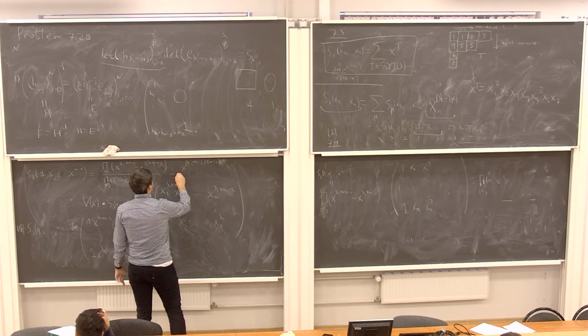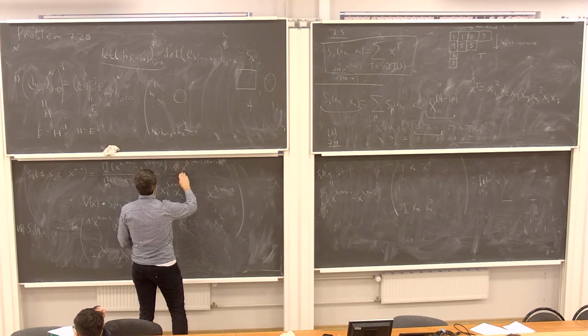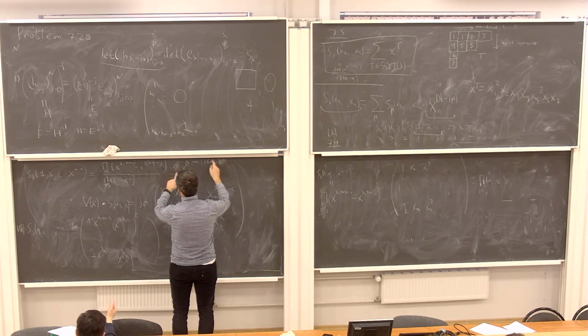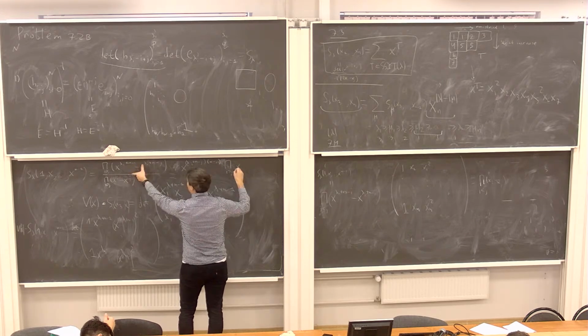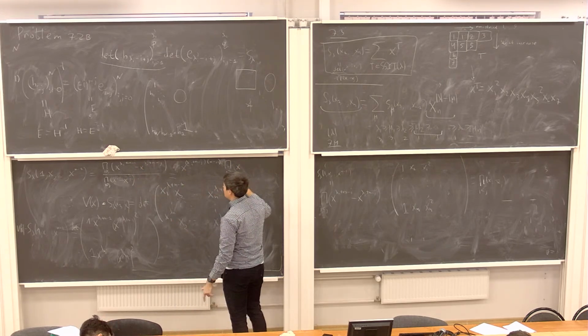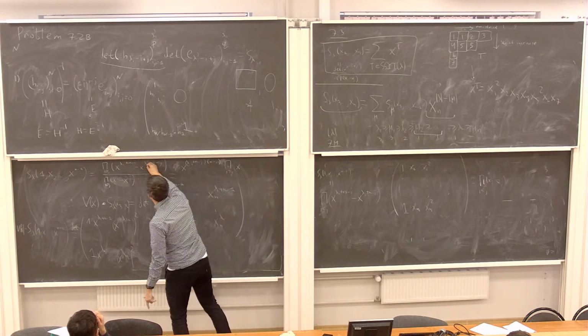So this is the product over j. From each guy you get this. You get the product over i greater than j of x to the power of the difference, which is just what? Here you have lambda i, here lambda j.